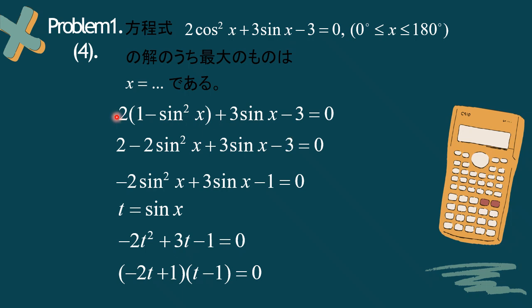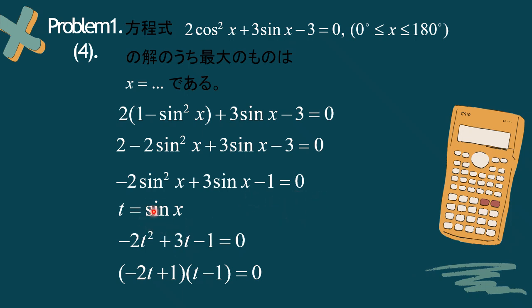So we take 2 into the equation. We can have 2 minus 2 sine x to the power of 2 plus 3 sine x minus 3 equals 0. So we rearrange the equation. We can have minus 2 sine x to the power of 2 plus 3 sine x minus 1 equals 0.